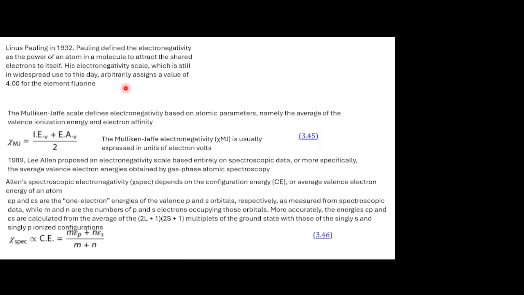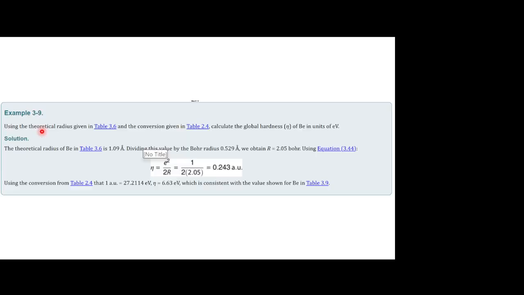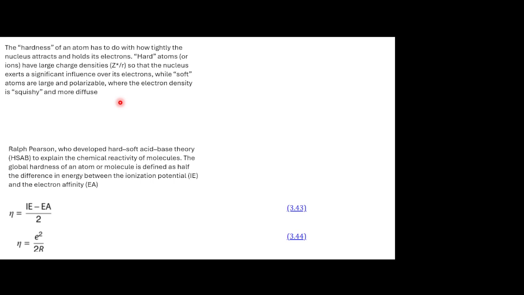So the Mulliken-Jaffe scale defines electronegativity based on atomic parameters, namely the average of the valence ionization energy and the electron affinity. You're going to notice that that is very similar to something we were just talking about. It's very similar to hardness, isn't it?